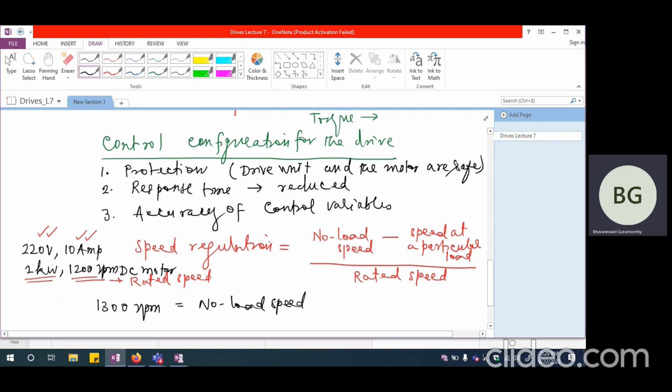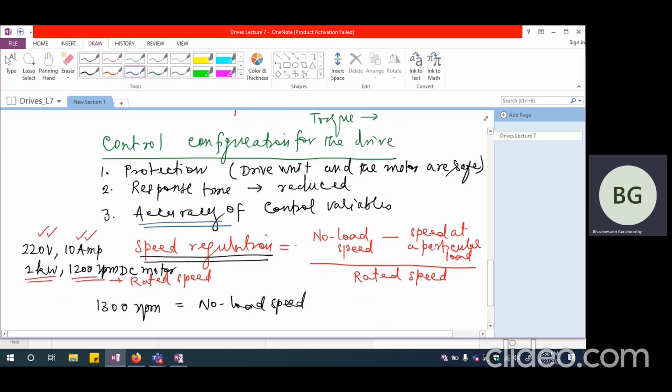So in that case, if there is some variation in the speed that is specified by speed regulation, we want to minimize the speed regulation as much as possible so that we are able to achieve a good level of accuracy as far as the speed and torque of the motor are concerned.